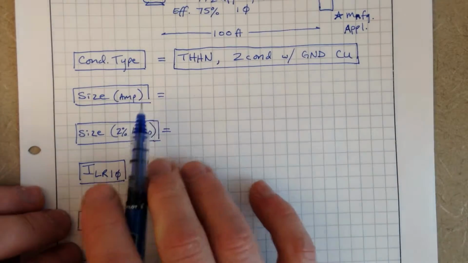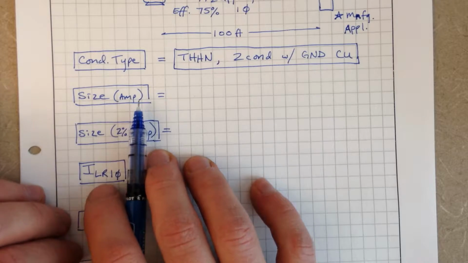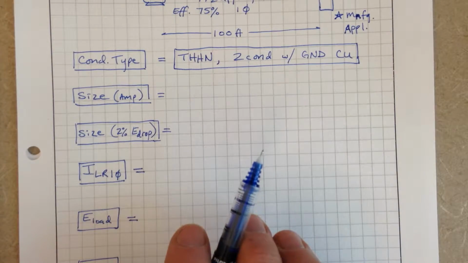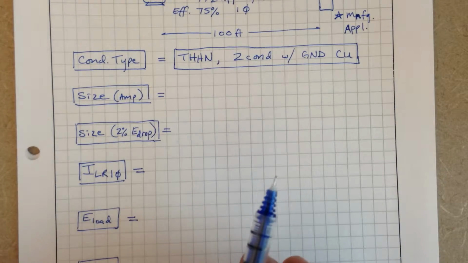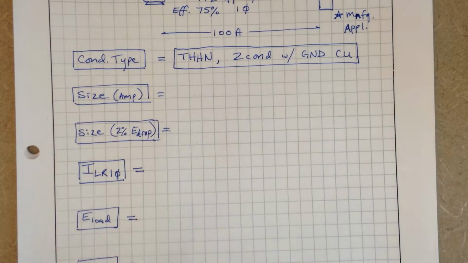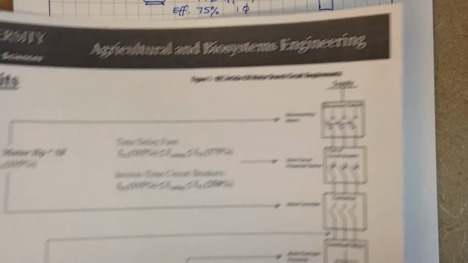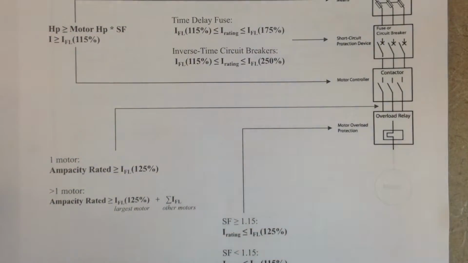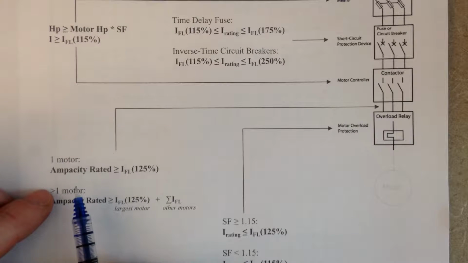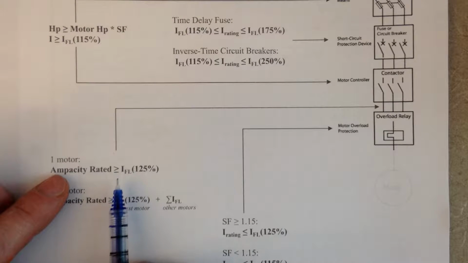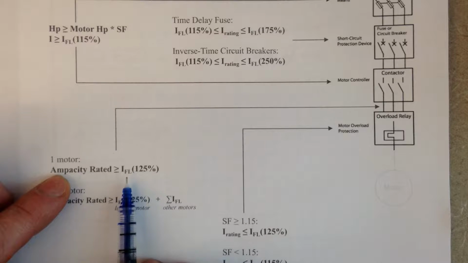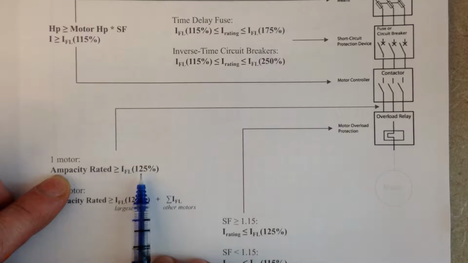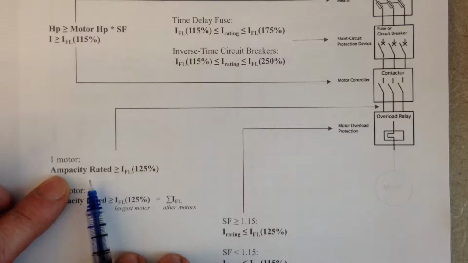What is the size of the gauge per amperage? So we have to look at what is the current. If we consider chapter 10, we want to look at the conductors. We have one motor, so the full load current, 125% of that is what we want to use for our ampacity rating.